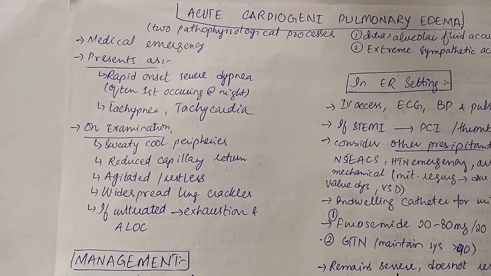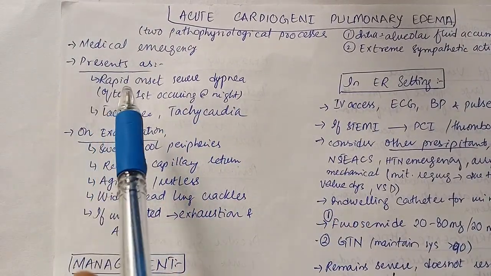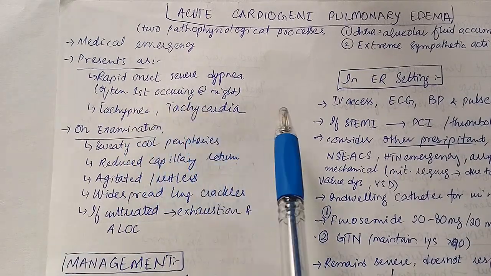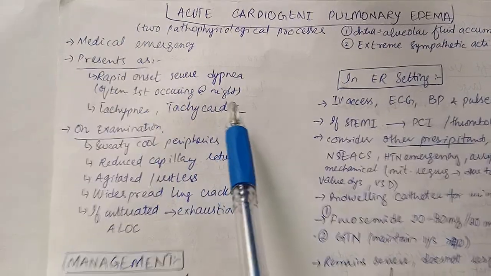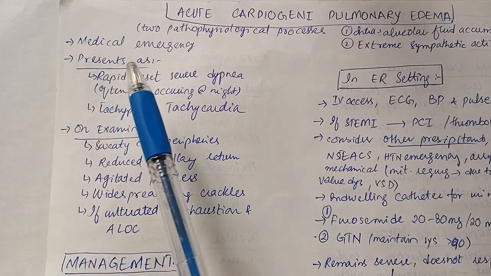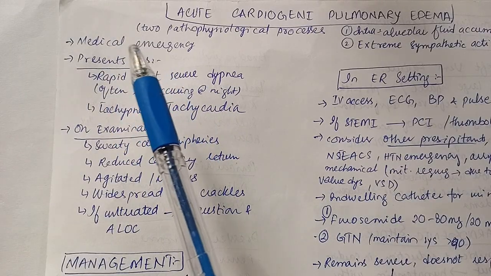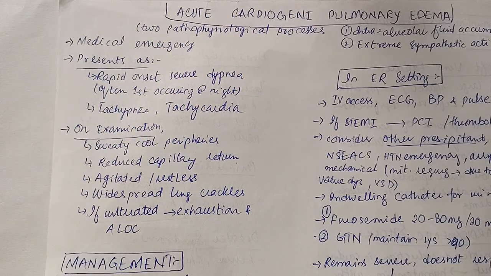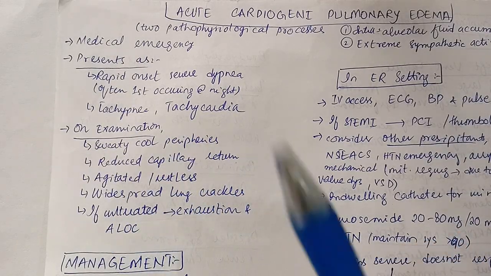So it is a medical emergency, and it presents as a rapid onset of severe dyspnea, often first occurring at night, with tachypnea and tachycardia. The patient is unable to lie down, and when he lies down, he gets shortness of breath, which is termed orthopnea.